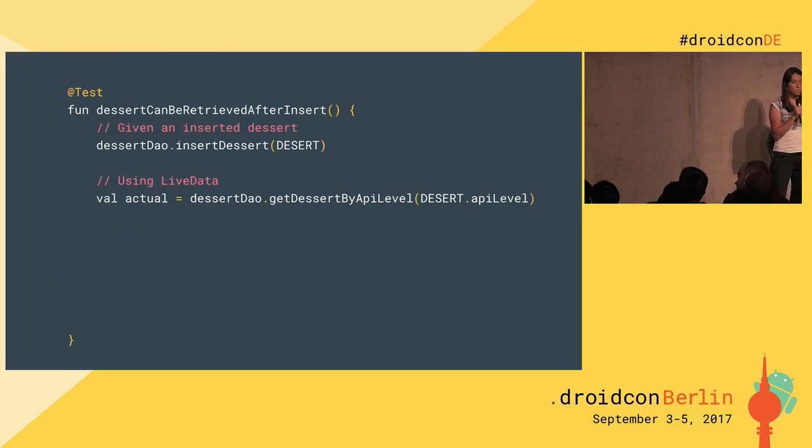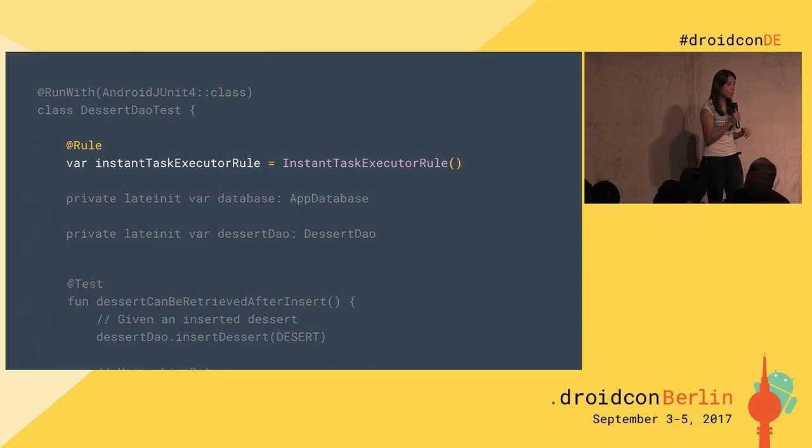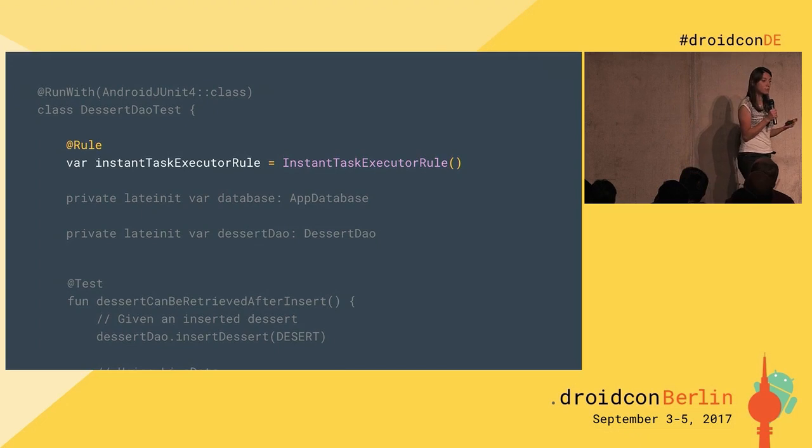Okay, what happens when you use LiveData? Well, we're inserting the dessert, of course, and then we're calling DAO getDessertByApiLevel. But here, this is an important rule that you could use, the InstantTaskExecutorRule. This is a class that's provided by the Architecture Components that replaces the background executor with an instant one.